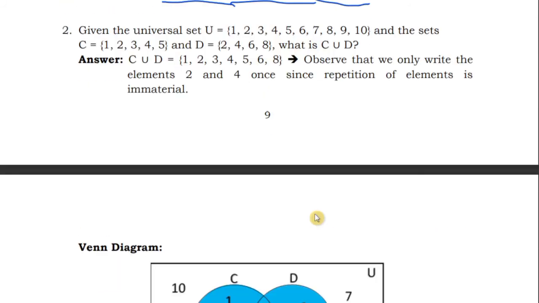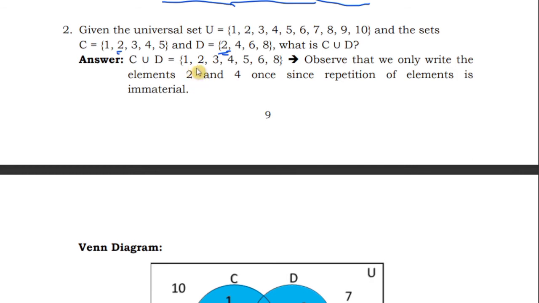Okay, now we have here the given universal set 1 2 3 4 5 6 7 8 9 10, and the set C is 1 2 3 4 5. Set D is 2 4 6 8. What is C union D? C union D is, we have 1 2. Again, if they have common elements, it is understood that we write it just once. So 1 2, and then as I said previously, you arrange from lowest to highest so that we can easily identify the given set.